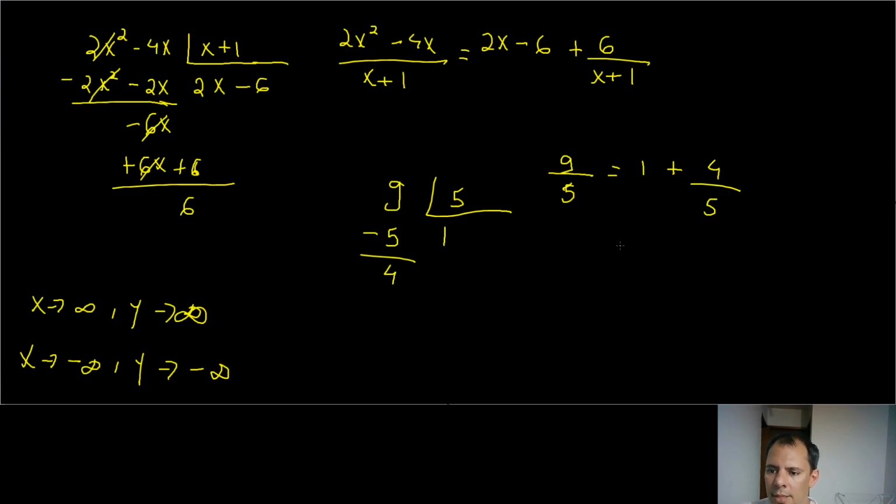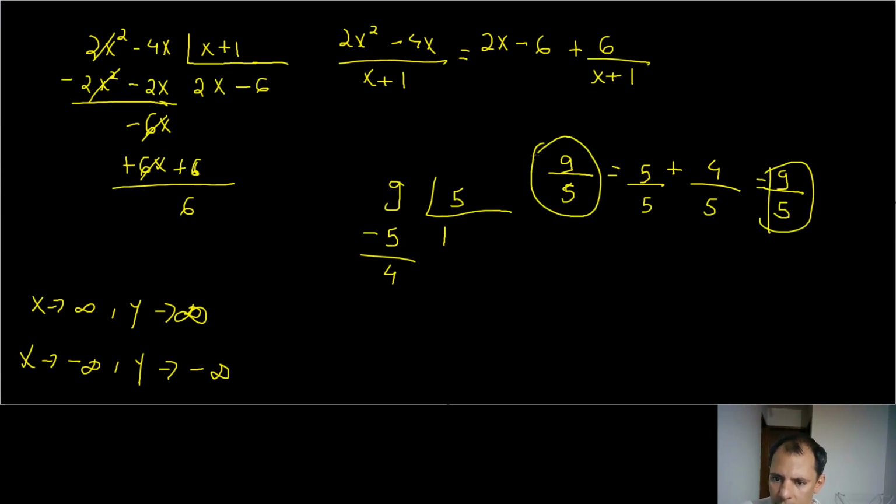Now, does this make any sense? Let's put the common denominator here. If I'm multiplying this denominator by 5, I gotta create a 5 in here too. So 1 times 5 is 5. 5 plus 4 is 9 divided by 5. So you see that this is the same as this. Now you understand what I've done here.